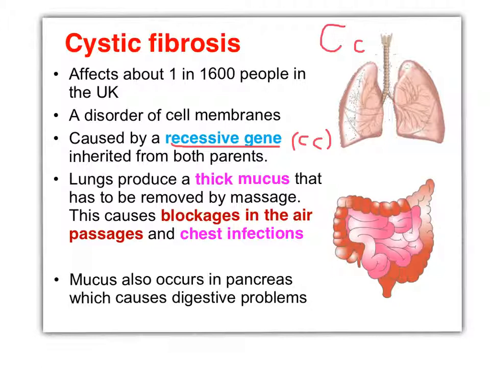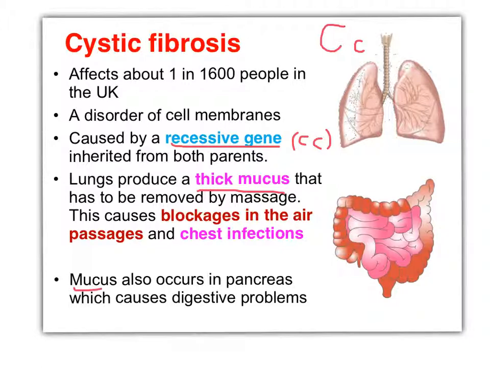Now, some of the symptoms of somebody who has cystic fibrosis is basically they produce a thick mucus that blocks the air passages, and it can cause chest infections. And one of the only ways of treating these chest infections is through antibiotics, or through a lung transplant, or using an inhaler to basically make breathing easier.